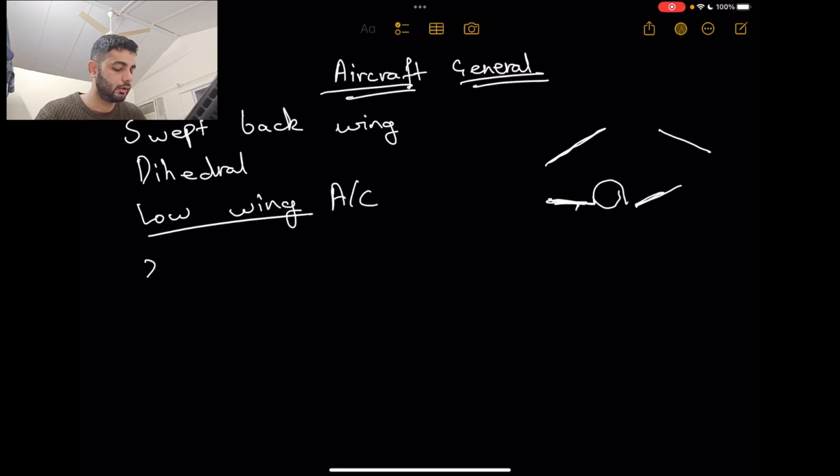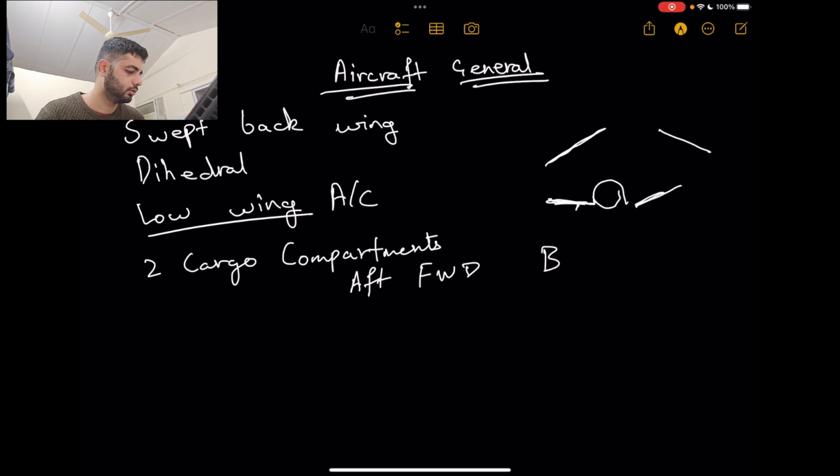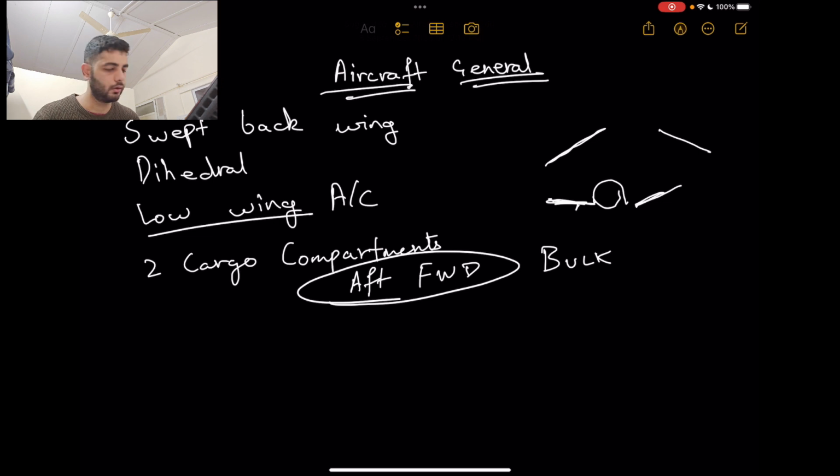Another thing we have is two cargo compartments. We are not including the bulk cargo. Are we? I don't think we are including the bulk cargo. So you have aft, forward and bulk. I think aft and forward are just the doors, and then you have a bulk cargo.